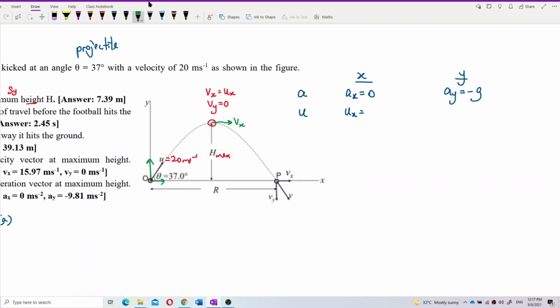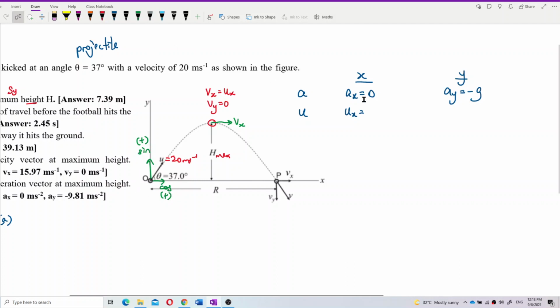The x component uses cosine theta, and it is a positive value because it is going to the right. The y component is also positive because it is going up, and it uses sine theta. The x is cosine because it is adjacent to the angle, and the y component is sine because it is opposite to the angle. Both are positive because it is going to the right and upward.